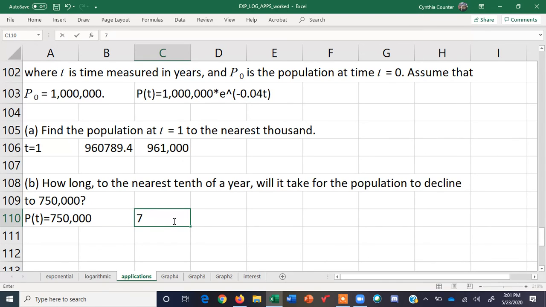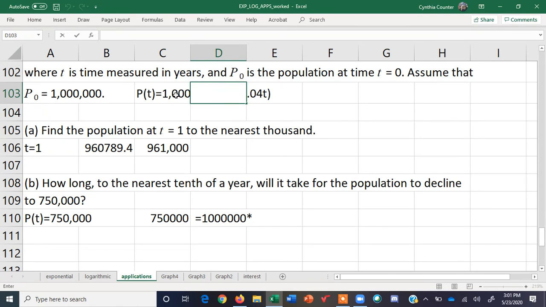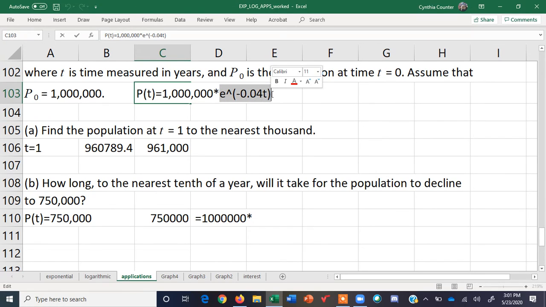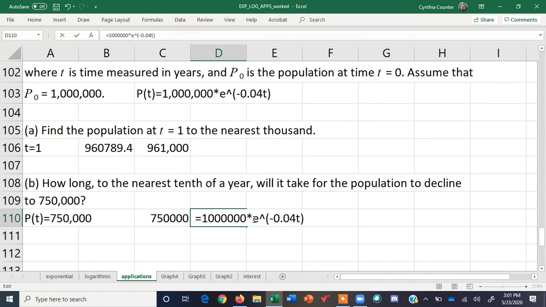So 750,000 equals the 1,000,000 times, I'm just going to copy this, all right? So what's the first thing we're going to do? We want to isolate the exponential, so divide through by the 1,000,000.